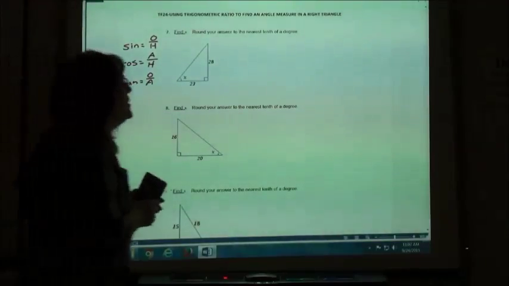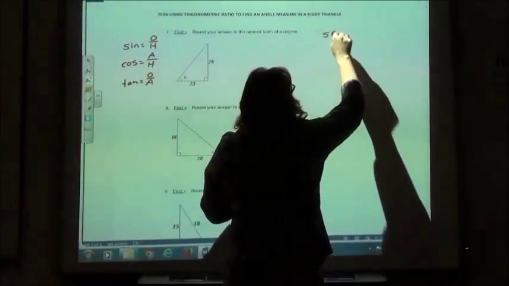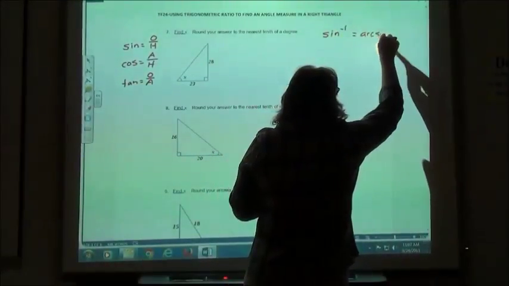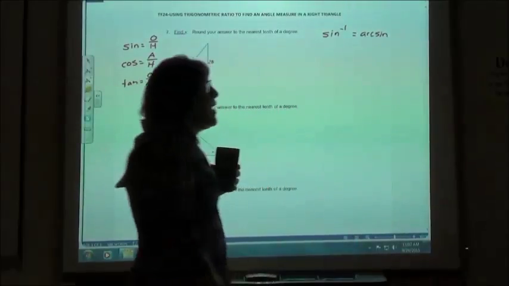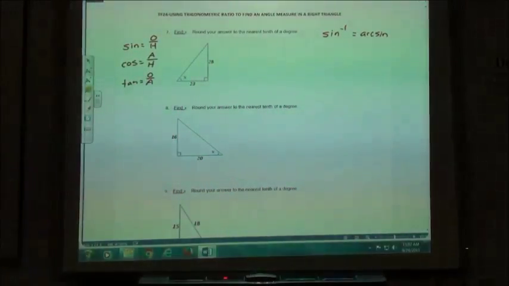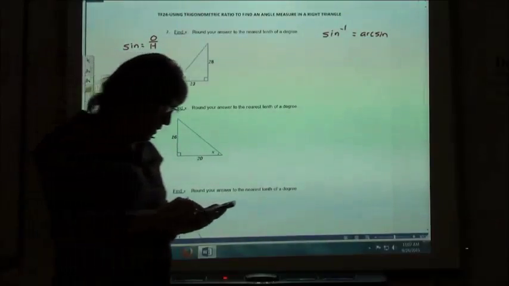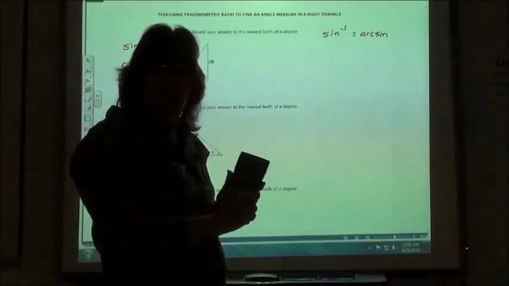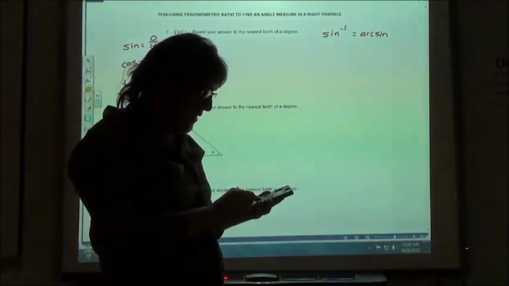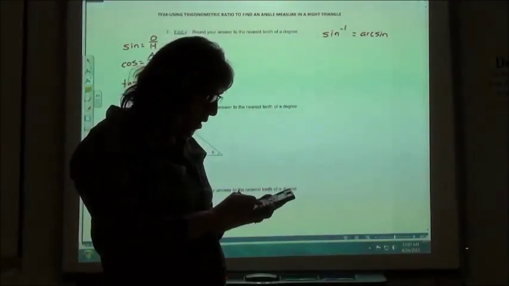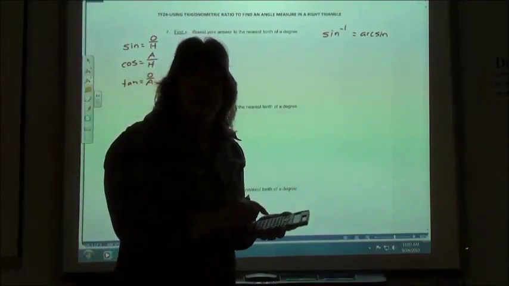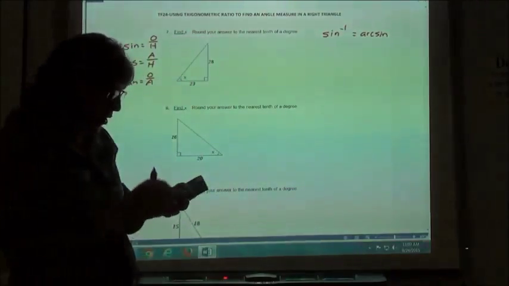Some books, they will do this. Inverse sine. Sometimes they call it the arc sine. They mean the same thing. So the inverse tangent or arc tangent are the same thing. If you look at your calculator, above the sine, cosine, and tangent in yellow, you will see this inverse sine, sine to the -1, inverse cosine, and inverse tangent or arc sine, arc cosine, and arc tangent.